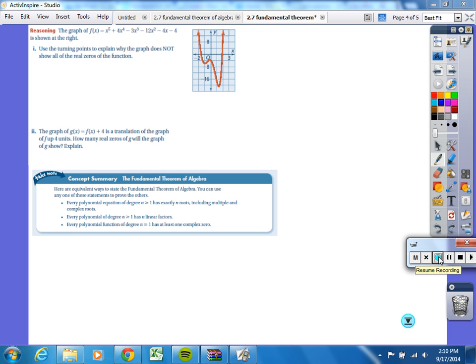So it says here, use the turning points to explain why the graph does not show all the real zeros of the function. Notice I have a real zero here and a real zero here. How many zeros? 2. So there are 2 real zeros. It has 1 turning point, 2 turning points, 3 turning points.